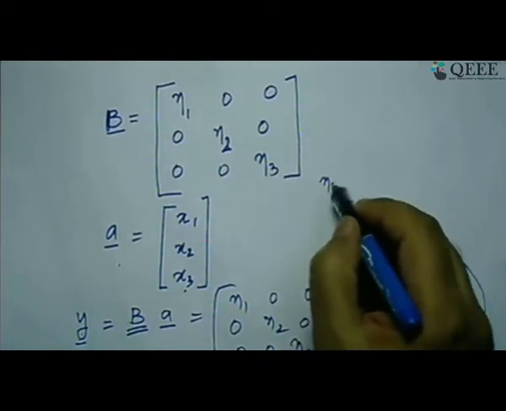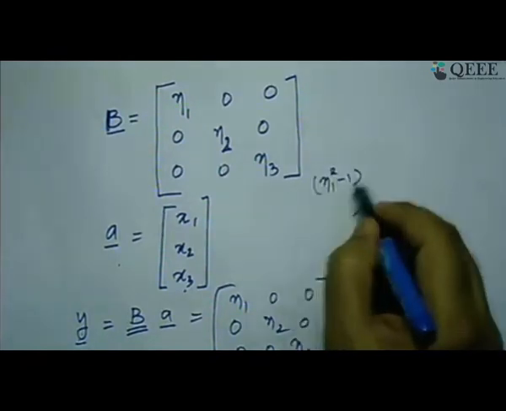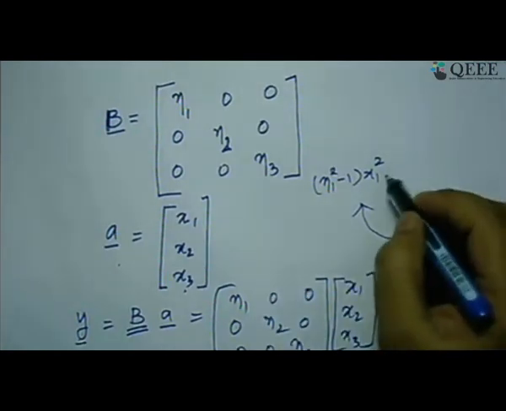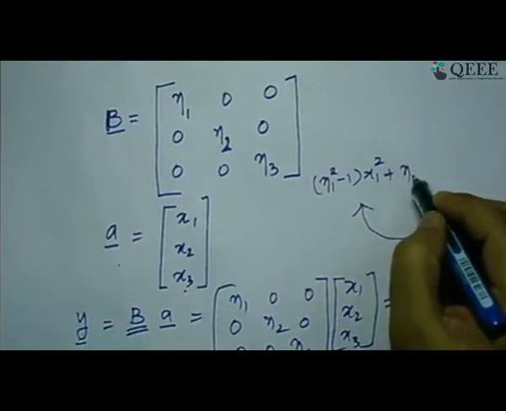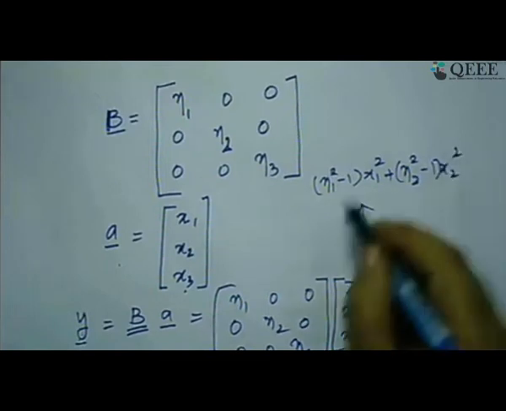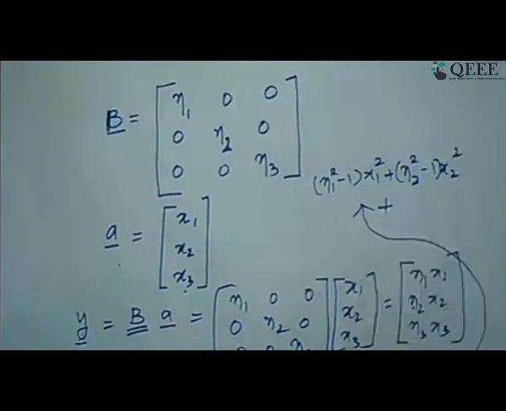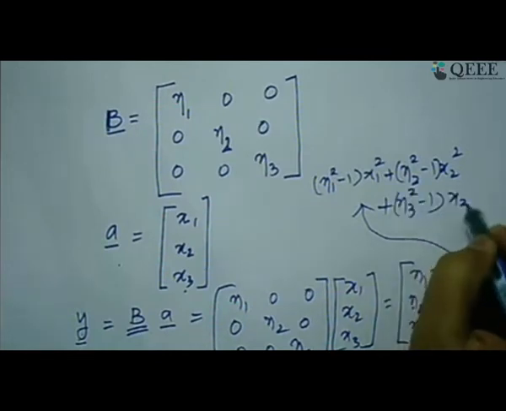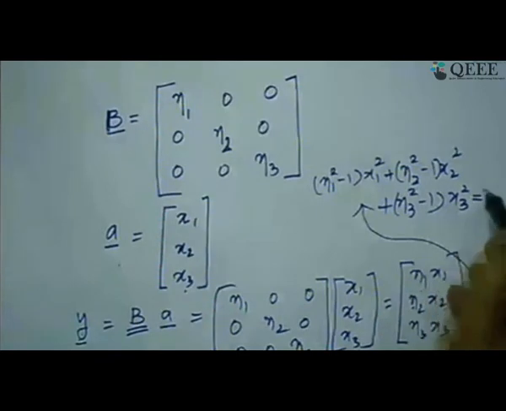That gives me eta 1 squared minus 1 times x1 squared. These two terms are done. Let me take the next two terms, plus eta 2 squared minus 1 times x2 squared, plus the last terms, eta 3 squared minus 1 times x3 squared, equal to 0.